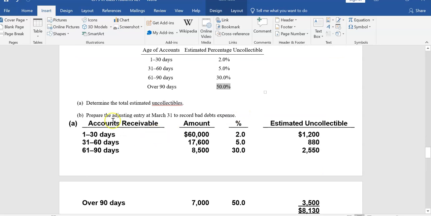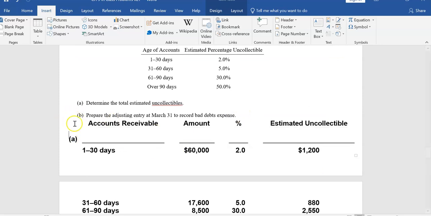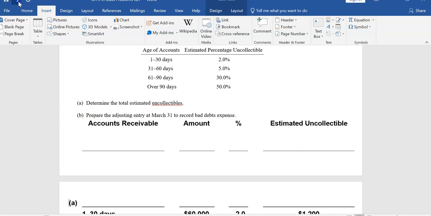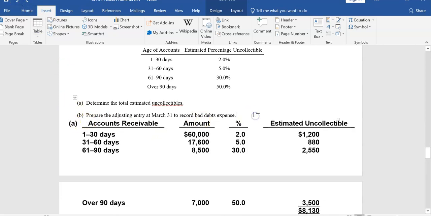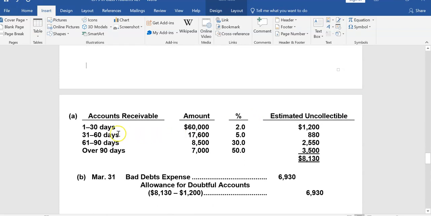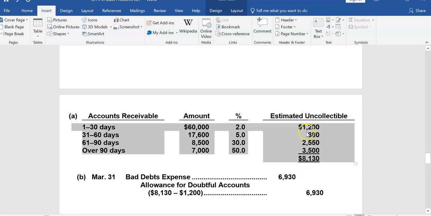Taking those balances down here, actually let me get this all into one page so that you can see it all in one place. 60,000 times 2% means we expect 1,200 of the most current receivables to be uncollectible. 17,600 in receivables that are 31 to 60 days old, 5% are uncollectible. 61 to 90, $8,500 worth, times 30%, $2,550 expected to be uncollectible.